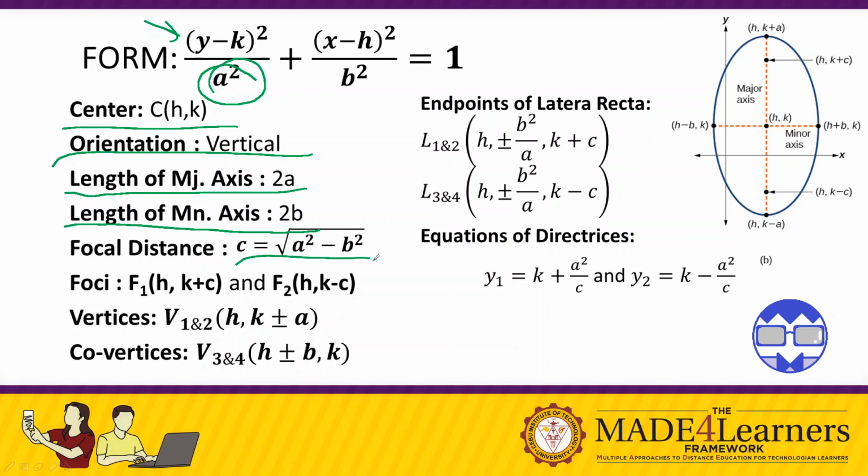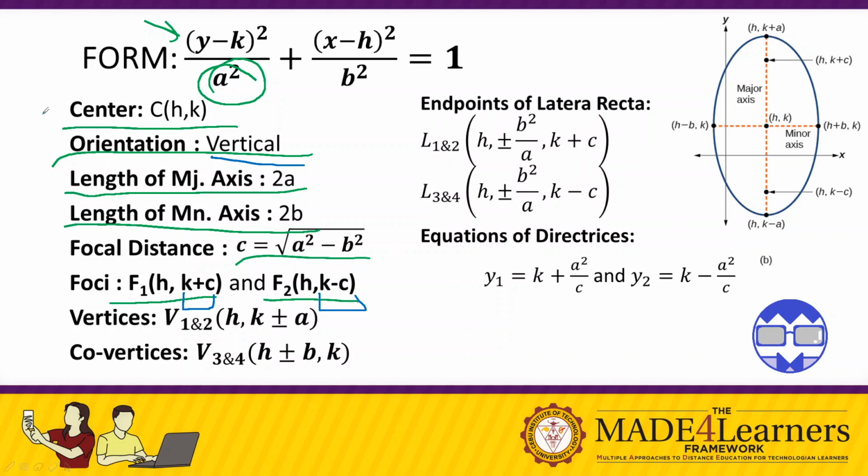For the focus, what are the elements that we need to look at? Since the orientation is vertical, we add our focal distance at the vertical part, which is k.